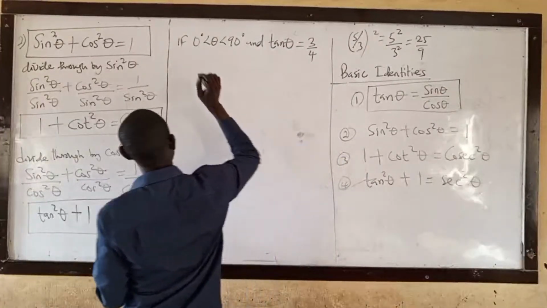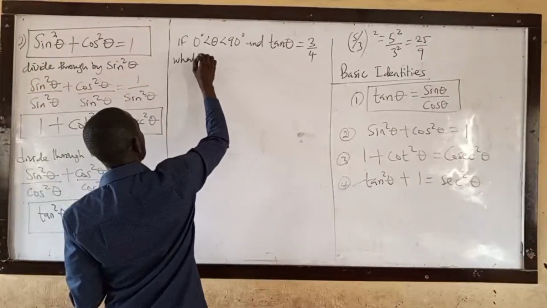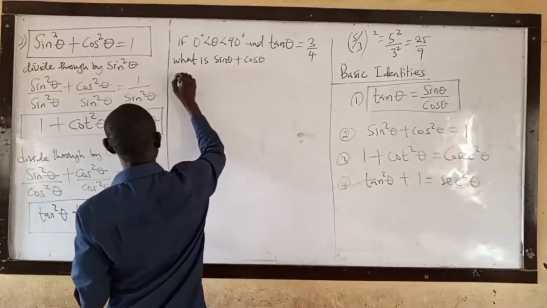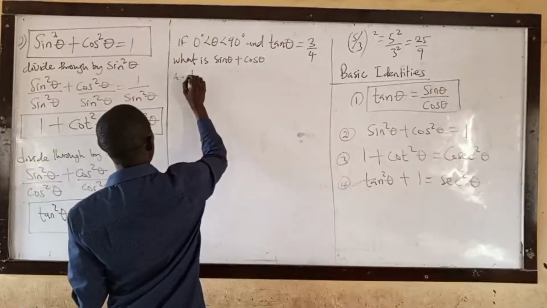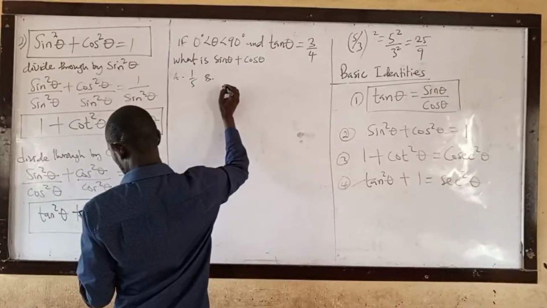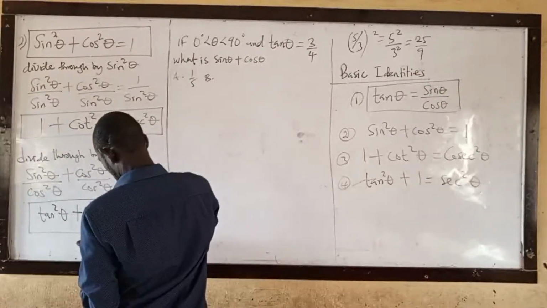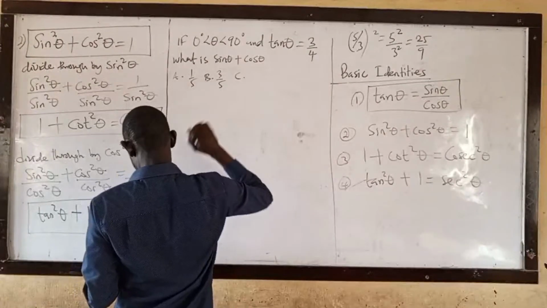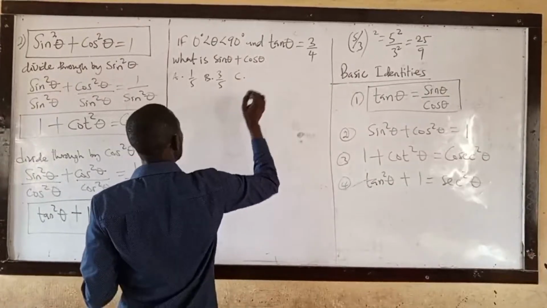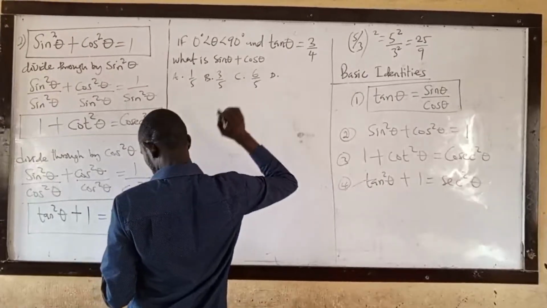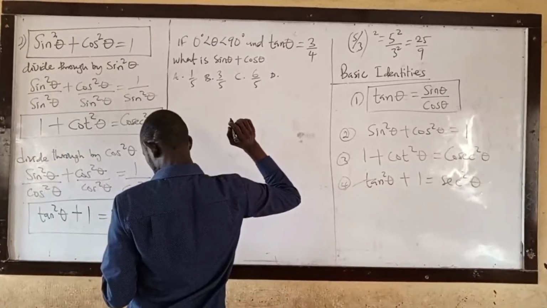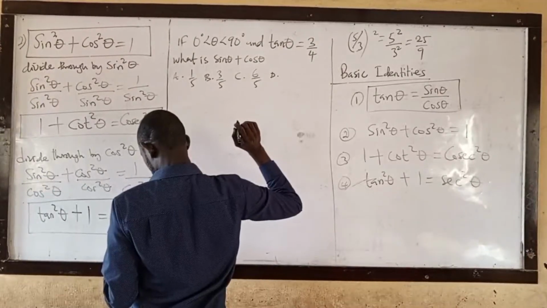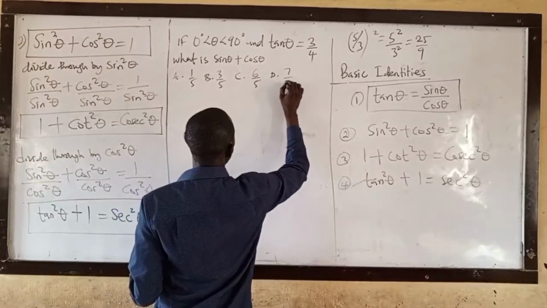What is sin theta plus cos theta? Options: A 1 over 5, B 3 over 5, C 6 over 5, D 7 over 5.